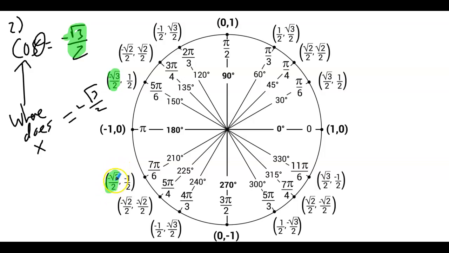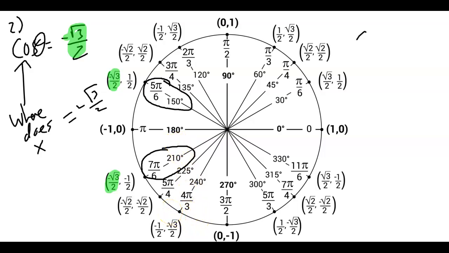Now you guys are noticing this is the second time we've had two answers, and the reason for that is that's going to happen every time because the unit circle is symmetrical, and so you kind of have some repeated answers there, right? And so what is my answer? Well, here's one angle where cosine equals negative radical 3 over 2, and here's another angle where cosine of theta equals negative radical 3 over 2.